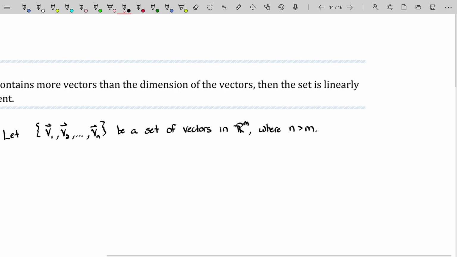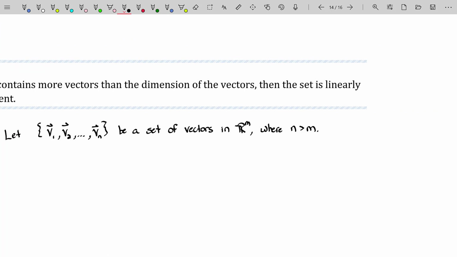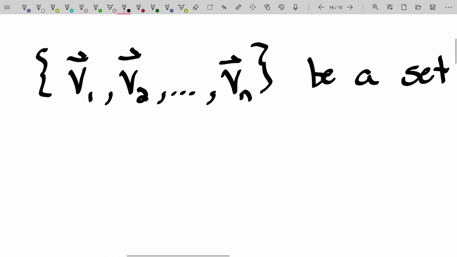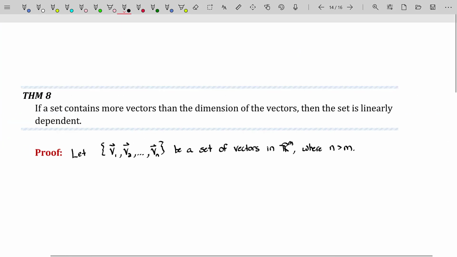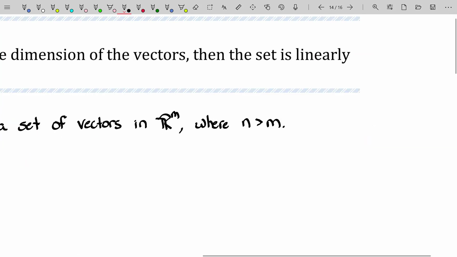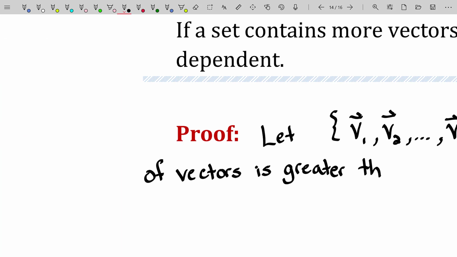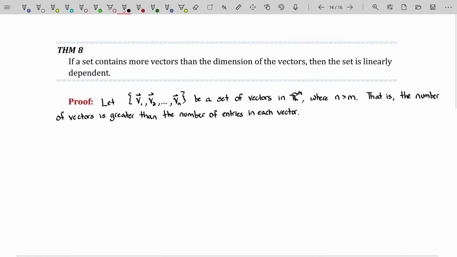So maybe I should write this off to the side. If n is greater than m, then the number of vectors, n, must be greater than the dimension of each vector, m. In fact, I'll just write that down. There we go. That is, the number of vectors is greater than the number of entries in each vector.